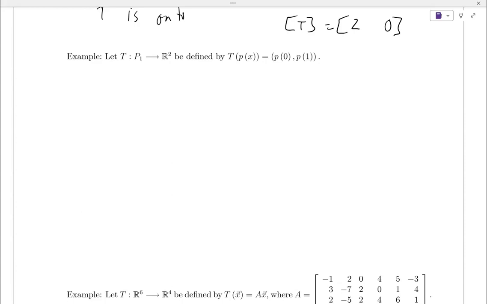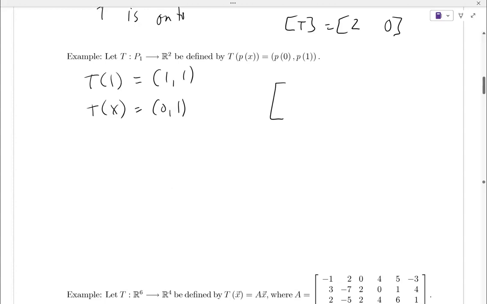I would do this with our standard matrix. So again, if I do T of 1 and T of x, what vectors do you get out when you do T of 1? What vector do you get when you do T of 1? 1, 1, and for x, 0, 1, right?